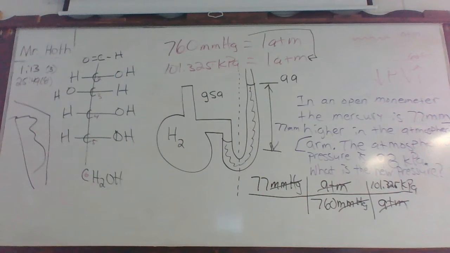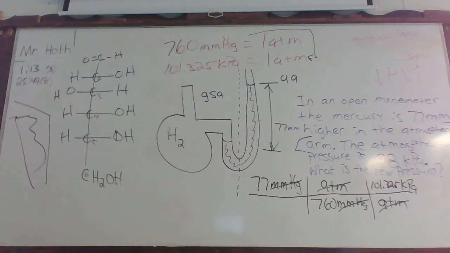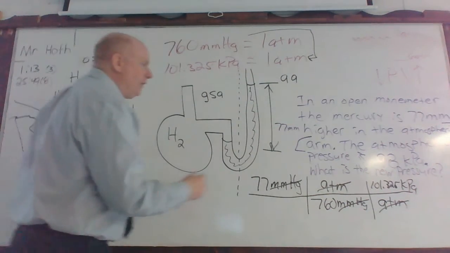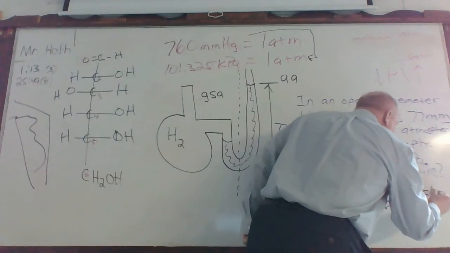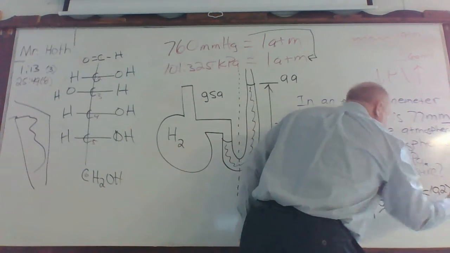So 77 times 101.325, divided by 760, and we get 10.27. So this is 10.27 kPa.